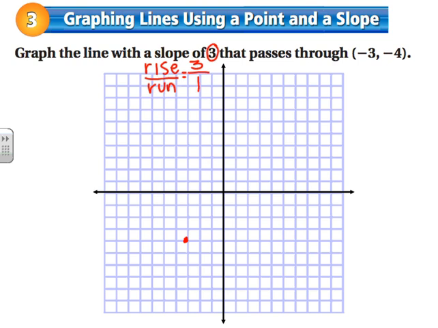Rise is 3, so from my point, I'm going to count up 3: 1, 2, 3, and then over 1 in the positive direction. Do it again. Up 3 over 1. Once you've done that a few times, you will have a line. All of your points should form a perfectly straight line. If they don't, you might have made a mistake somewhere and you'll want to go back and double check.